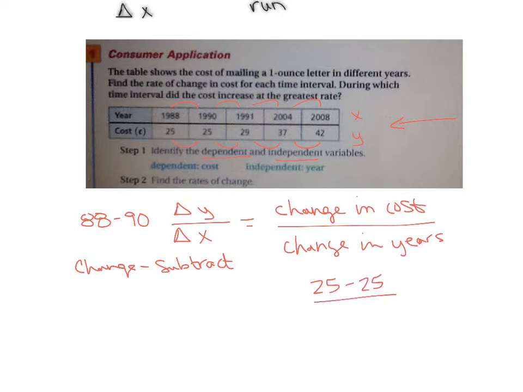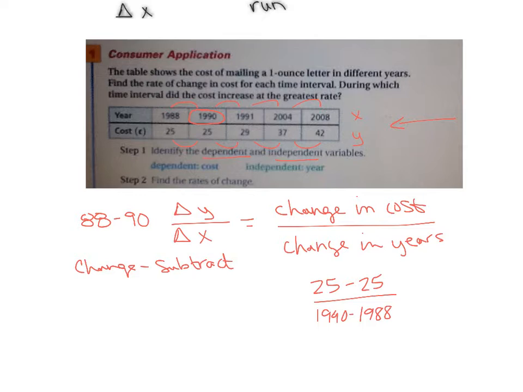Okay, and then the change in years, we're going to do the second, 1990, minus the first, 1988. Okay, and that's a good introduction into the slope formula, which we're going to learn in the next lesson.